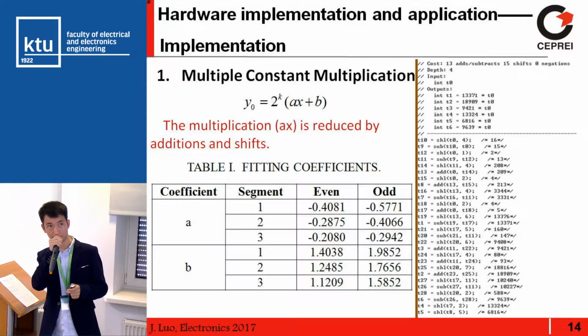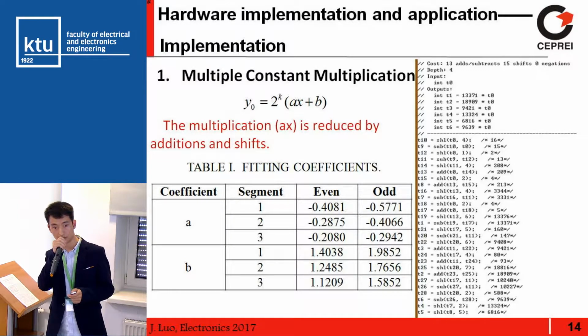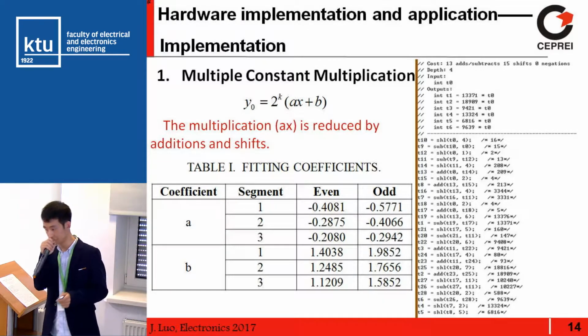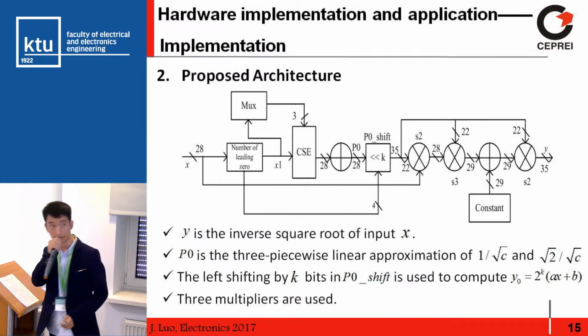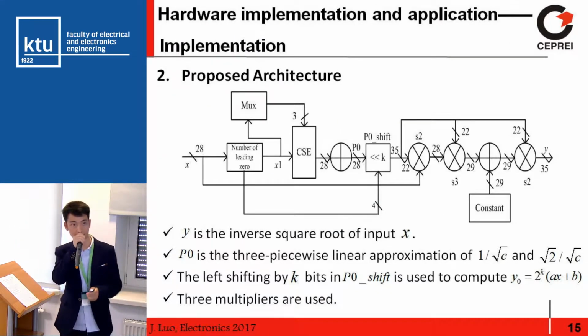We have used a project developed by some researchers. This is the hardware architecture, where this is the MCM, and we also use this part to get the initial seed, and then use the Newton method to compute the result.